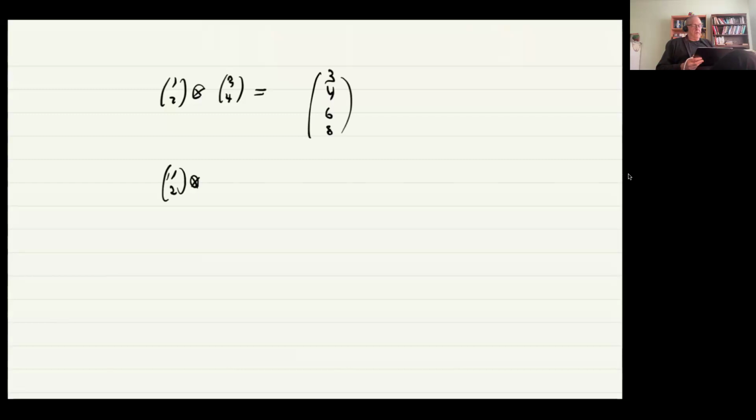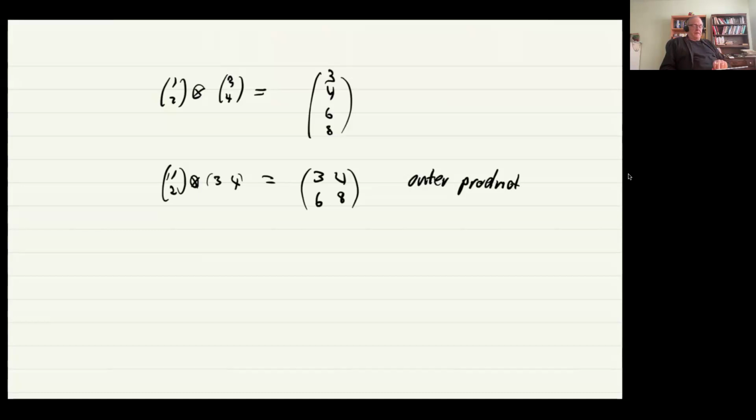The reason I wanted to do this was because of this: 3, 4, and then 6, 8. So now this is of course the outer product, as it's often called, of the two vectors.